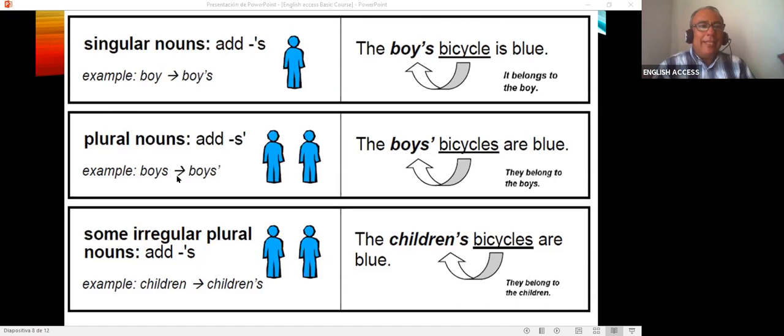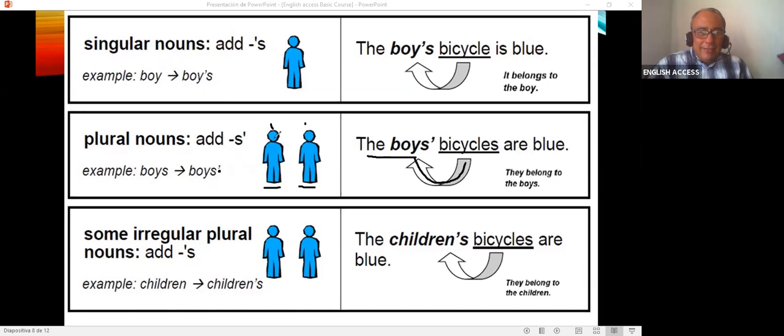more names that have an S at the end, we just add the apostrophe in order to show possession at the end of the name or at the end of the noun. In this case, it's plural because we have two boys right here. So it's the boys' bicycle, the boys' bicycle, because in this case we have one, two boys.